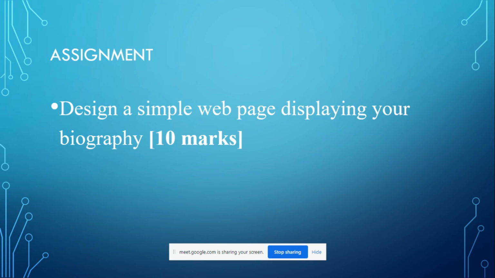Make it simple. If you want to be creative enough, you can add your image. I know we've not done image tags, but you can read ahead because we'll cover most of that in our next class. So read ahead and kindly develop a very simple web page.